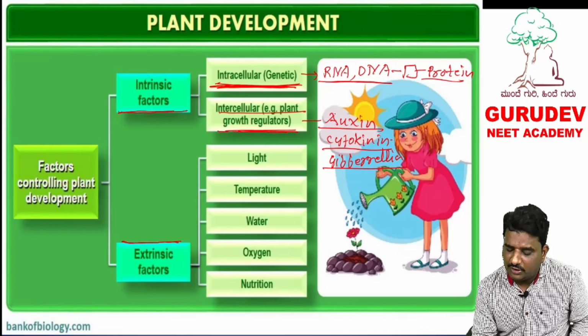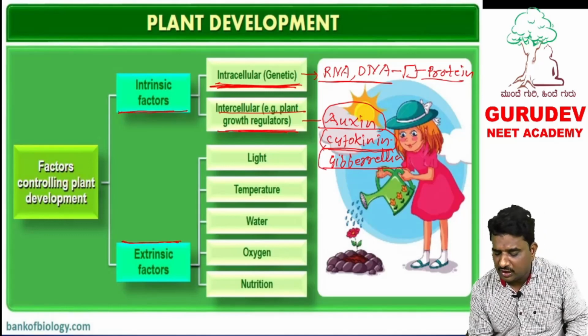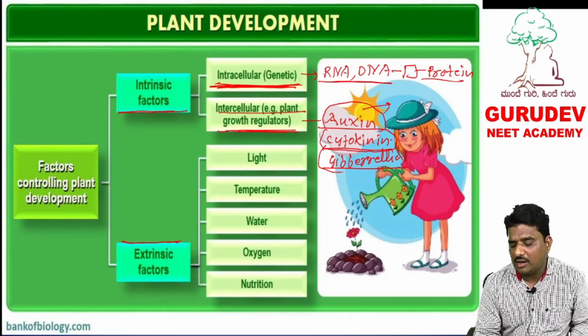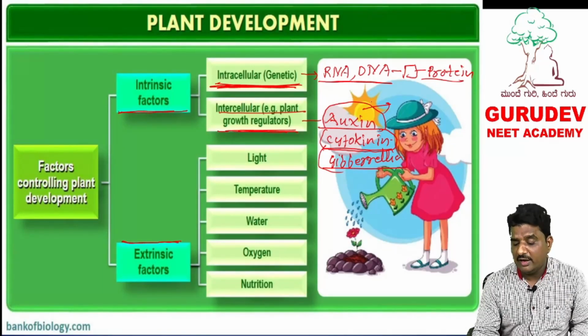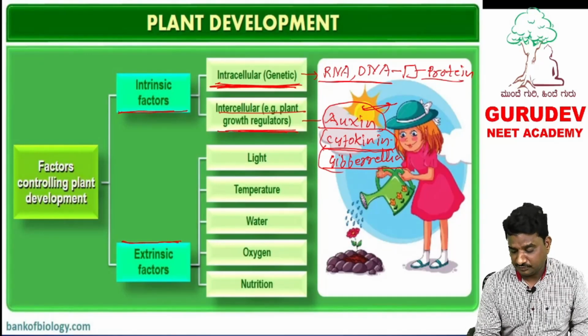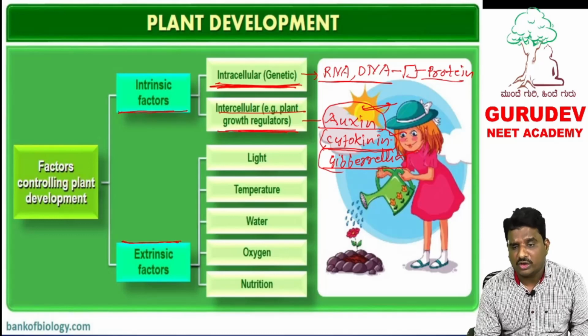The function of every hormone we have to study in the next point: auxin function, cytokinin function, gibberellin function. These are the plant hormones, and they are also responsible for plant growth. How? Each and every hormone we have to study in detail, their role in the plant, and what is the role in plant development.